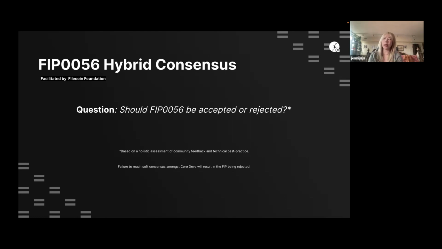There is a downside to not listening to one of the major network participants, for example the storage provider community, and their concerns and needs. We don't know if it's going to happen or not; we cannot predict the future. But we do want to make sure that people actually stay in the network and provide the storage Filecoin now needs. That's why I think their voices are very important, and we should listen to that.